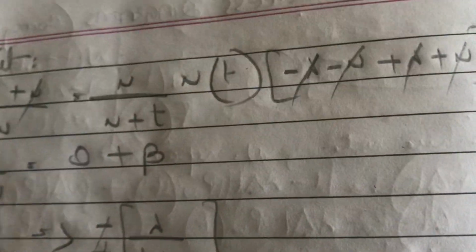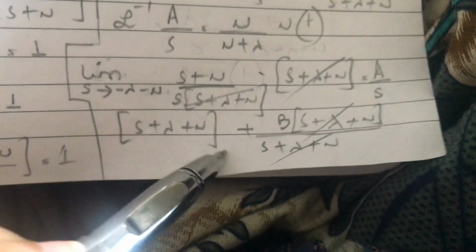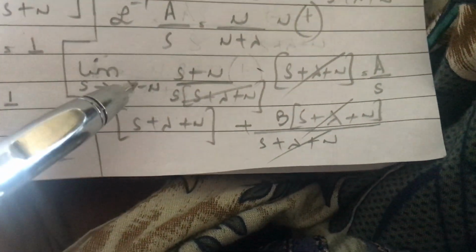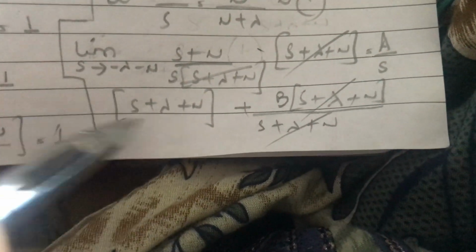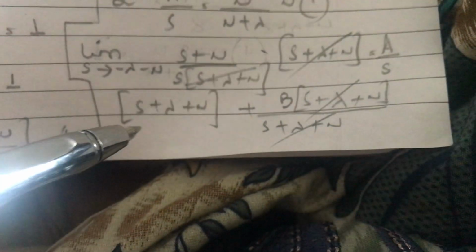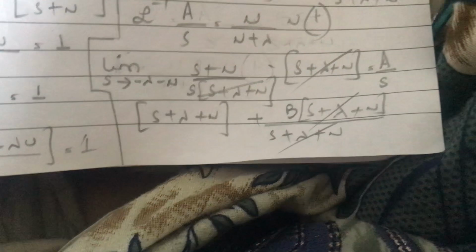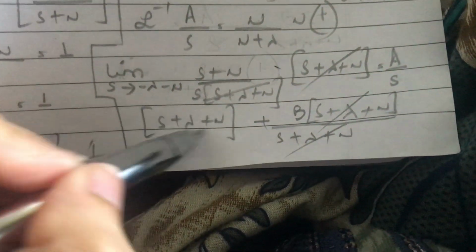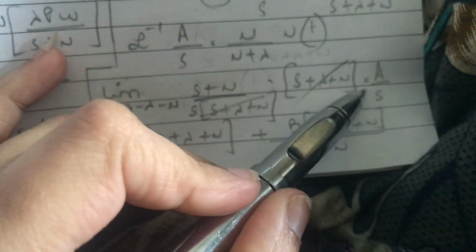So here it is. What's next, it was equal to A over s, and here also when we apply the limit minus lambda minus mu plus lambda plus mu, all these terms go away, and what remains is only A over s, which would be multiplied. Obviously this term becomes 0, and when A over s is multiplied, this also becomes 0, so this is negligible.